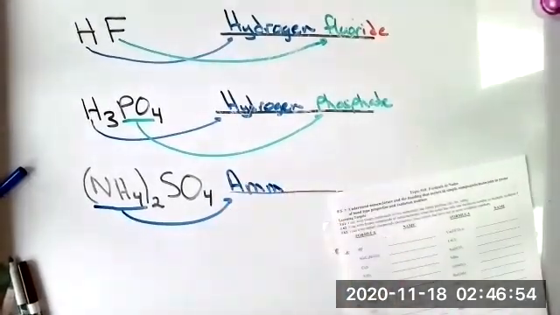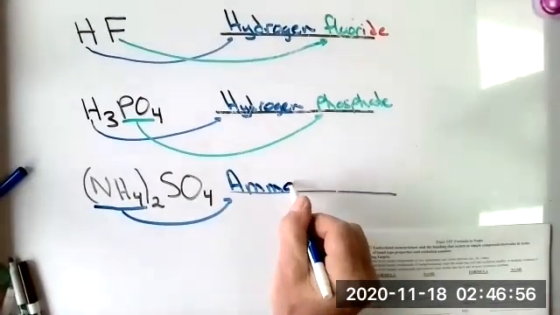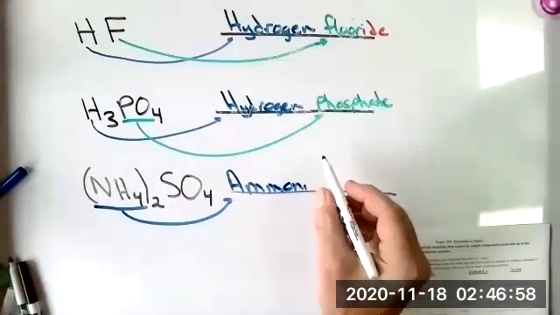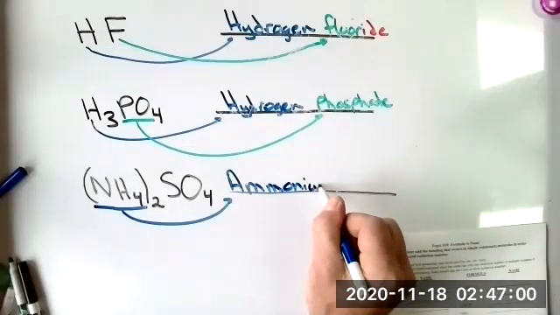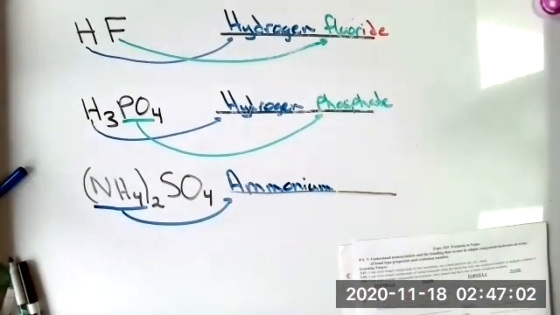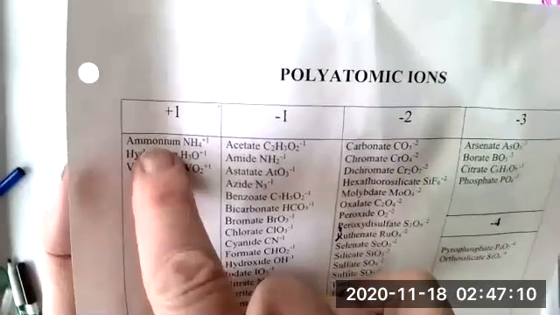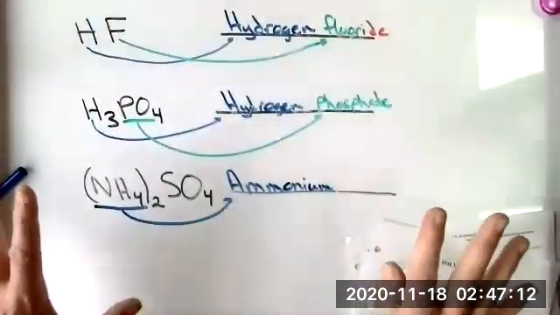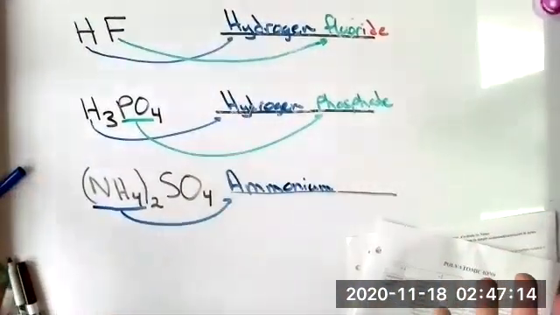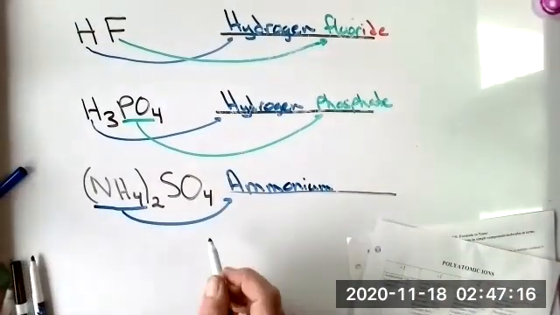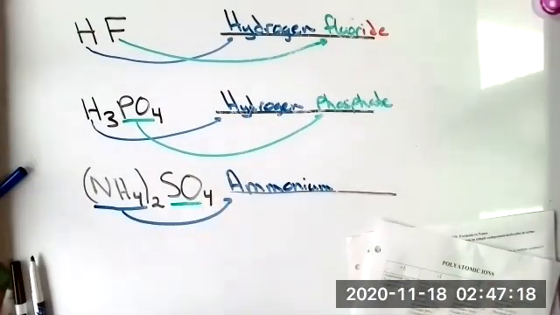His name off of that polyatomic ion table is ammonium. Ammonium. Just simply copied it. Well, I don't need a Roman numeral. There is no math to perform. Shoot, man, my grandma can do one of these.